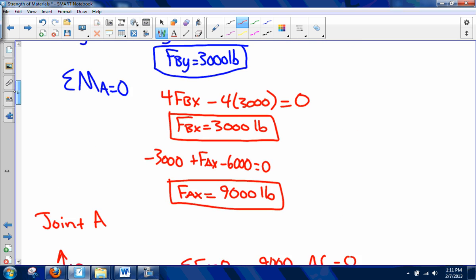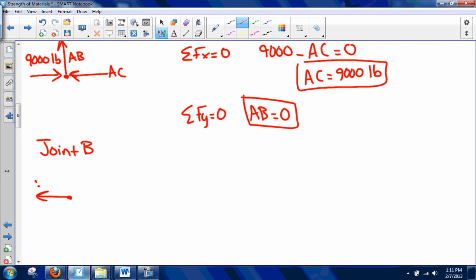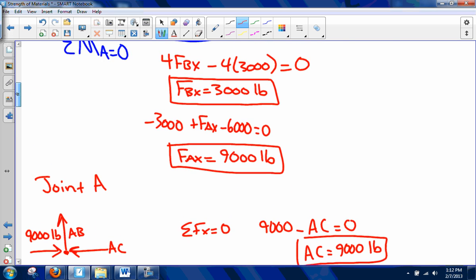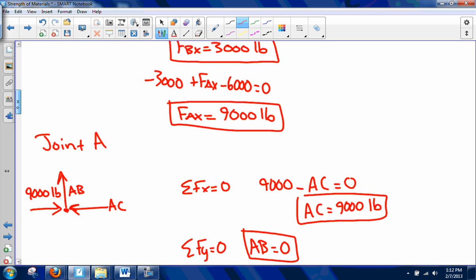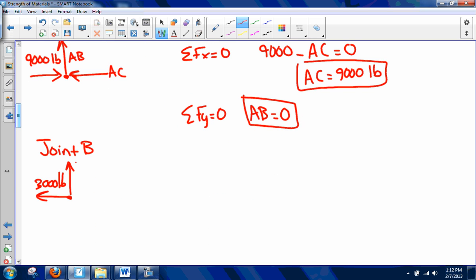FBX had a value of 3,000. And then I've got FBY, which had a value of 3,000. I have FAB, but I know that that one's 0. And then I've got BC.